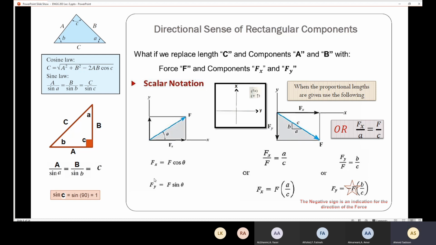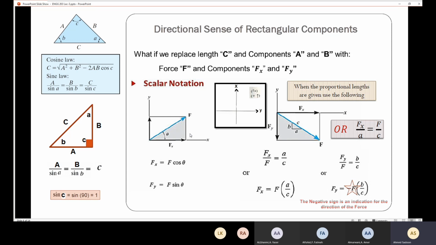The same thing, I need to calculate the value of a. The value of a here is the value of Fx, and Fx is going to equal the value of c. C is represented by F multiplied by sine A, this angle here.